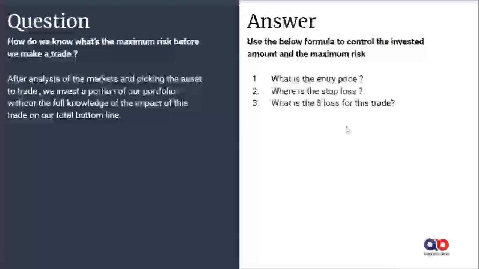So what's the question we want to answer today? The question is, how do we know what is the maximum risk before we make the actual trade? Say we actually perform the analysis and we check all the stocks and we know what we rank higher and what stocks we would like to get.